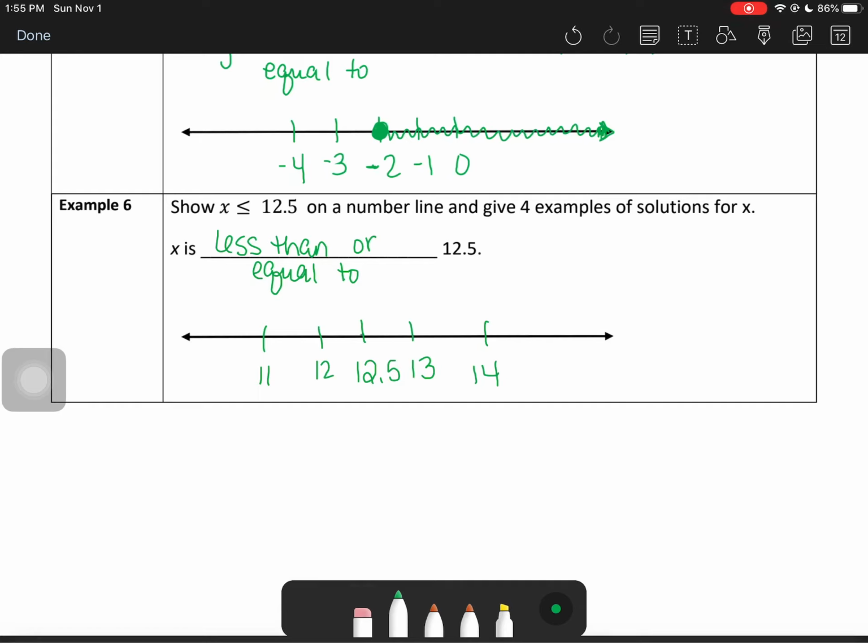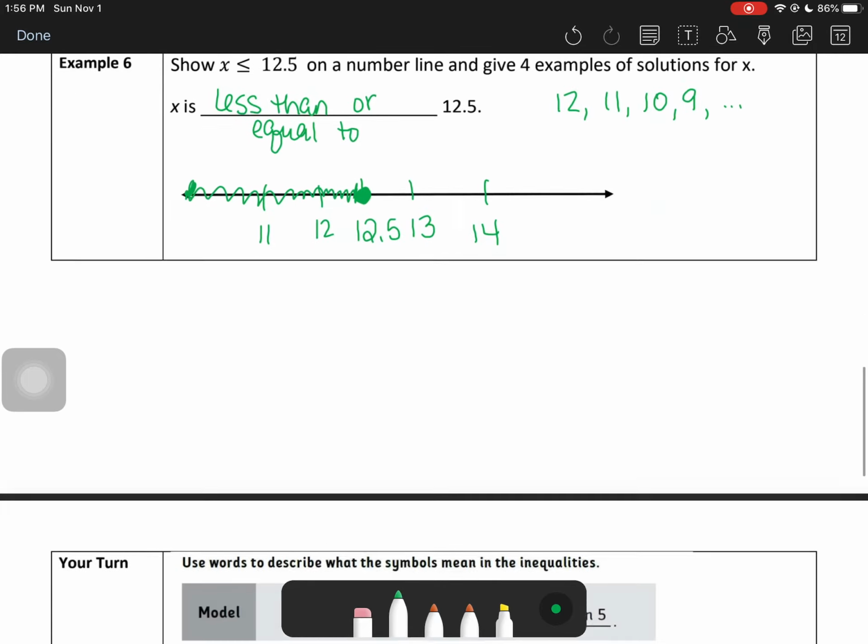So since it could be equal to 12.5, I'm going to put a filled in circle, and now we want less than, so we're going to go to the left. Less than is to the left. So as numbers get smaller than 12.5, could be 11, 10, 9. You could also use fractions and decimals.